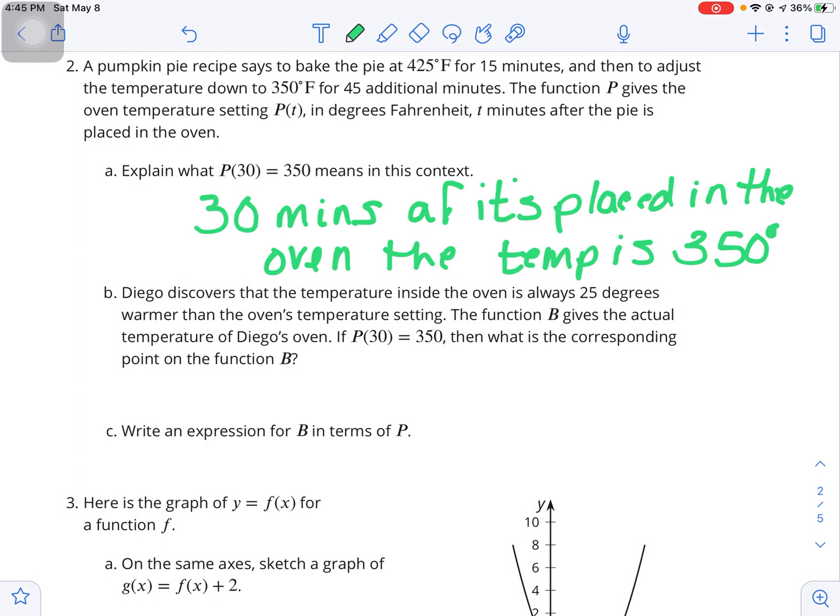So the function b gives the actual temperature. So if p of 30 is 350, then b of 30 would be 375. And I think that's wrong on the key.